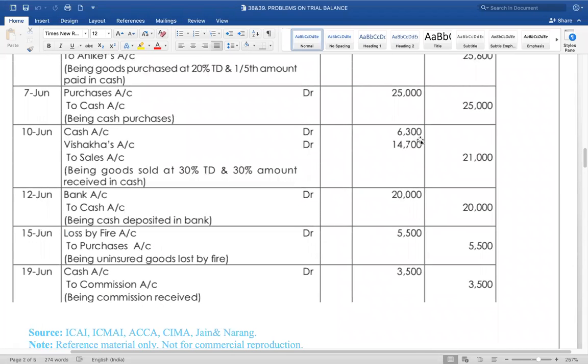This is the amount to be received from Vishaka. Vishaka account debit to sales, since we sold goods and this is the amount to be received.